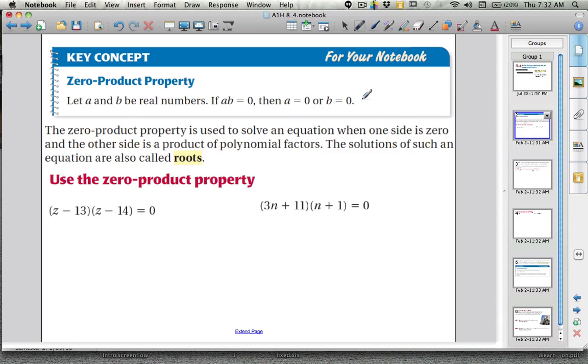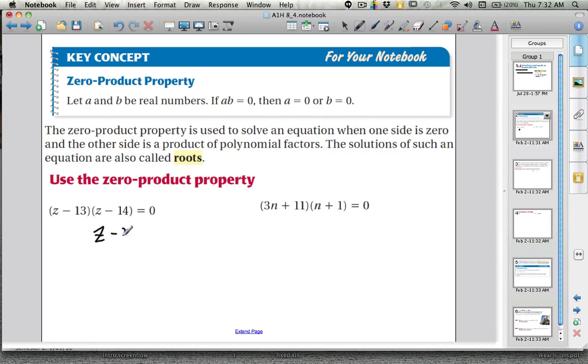I will find the solutions because, if we look down here in this example, if the value z minus 13 times the value z minus 14 equals 0, then either z minus 13 must be equal to 0 or z minus 14 must be equal to 0, because in order to multiply two things together and get a product of 0, one of them must also be equal to 0.